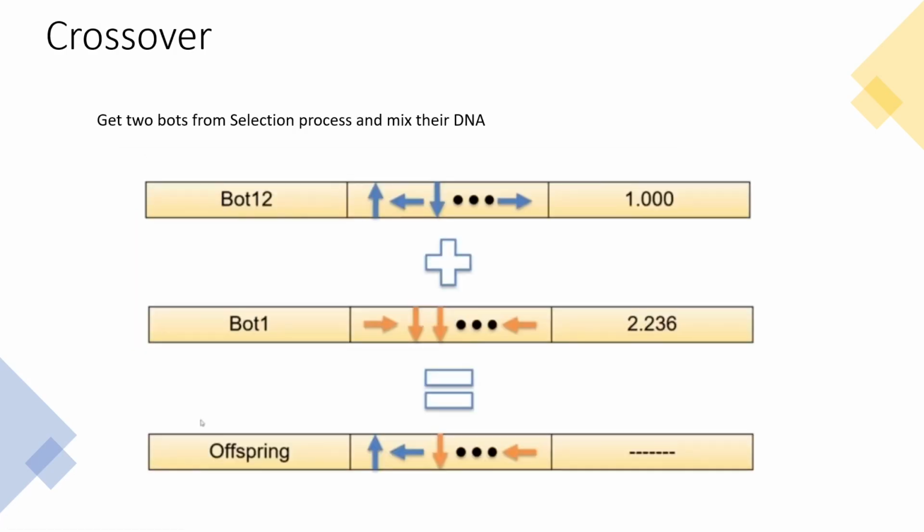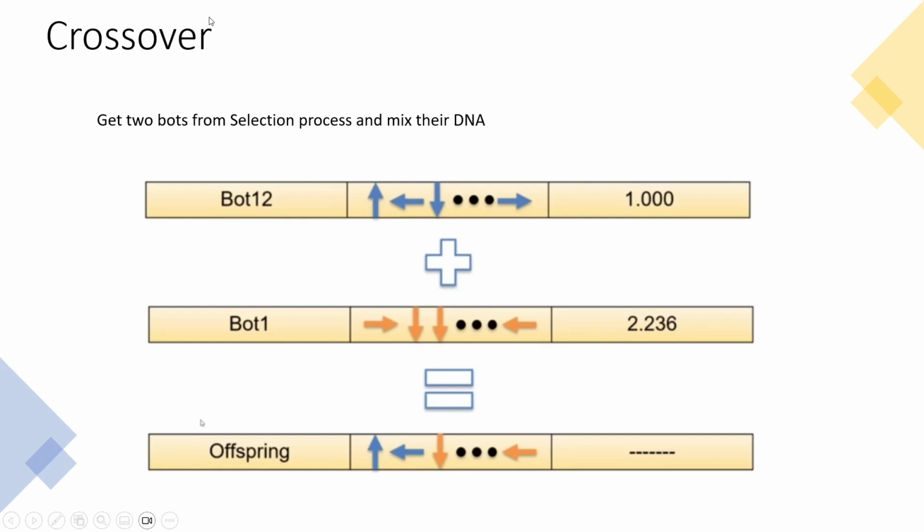Now comes the crossover. Out of these selected bots, we will create new bots by mixing their DNAs, because we know that they performed well. They were the fittest of their population. So if we cross over or mix them together, it's highly likely that we can come up with better offsprings.